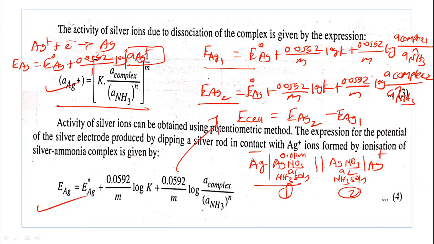By putting in the values, this will get cancelled, this gets cancelled. Now 0.0592 divided by m is common. The activity of the ammonia is the same in both electrodes, because the concentration of the ammonia is the same. So we can write the activity of complex 2 divided by the activity of complex 1.